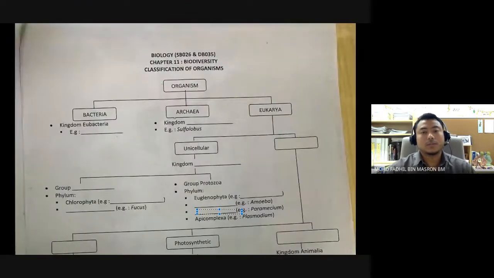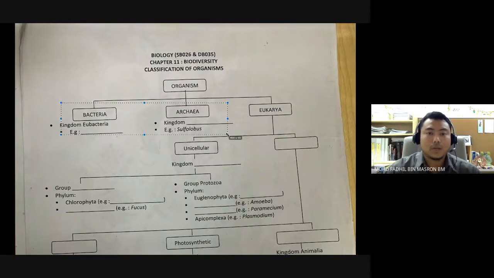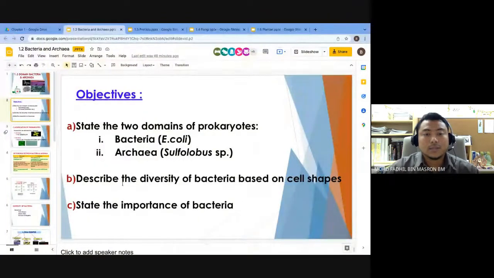Eukarya is only for organisms with eukaryotic cells, while archaea and bacteria are for prokaryotic organisms. Then, describe the diversity of bacteria based on cell shapes, state the importance of bacteria, and so on. Kita akan bincangkan nanti.